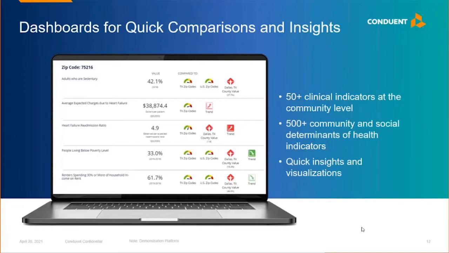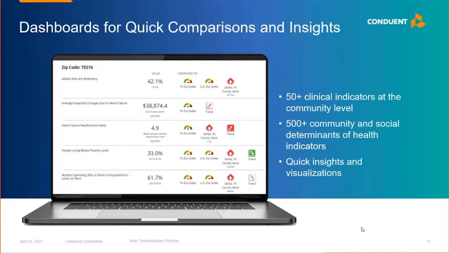There are also social and economic indicators such as health insurance rates, educational attainment, or households with an internet subscription. The dashboards allow users to scroll through and see trends and comparisons to local, state, or U.S. values for all of these indicators.